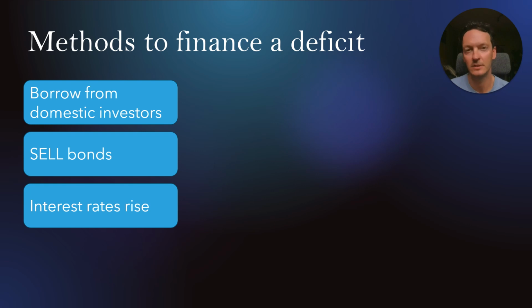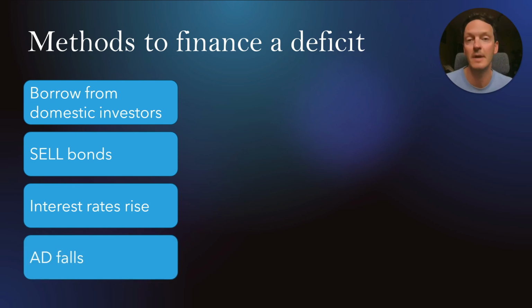The technical name for this is crowding out. The big bad government comes in and crowds out all of the other investors. And as a result of that, aggregate demand is going to fall, because as we will find out later in the year, when interest rates rise, it increases the price of borrowing money and it slows down aggregate demand.